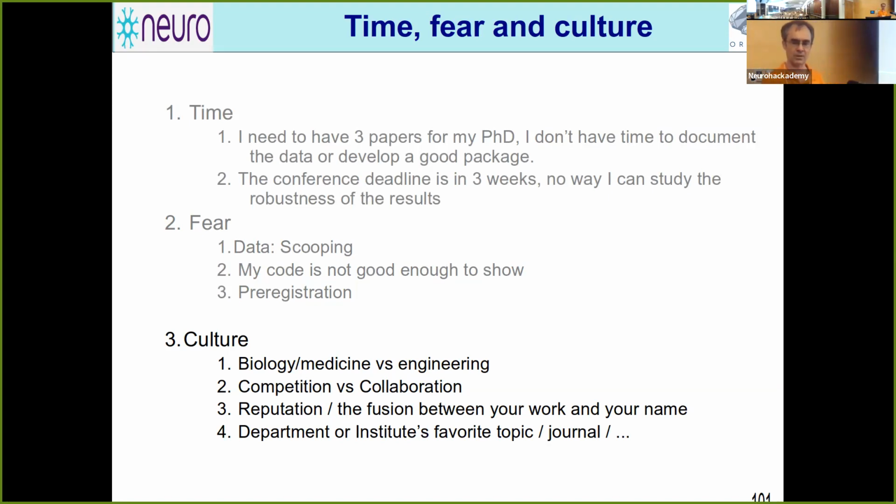But I think the engineering or technical culture is often, I would say, saner and better in terms of open science. There's a juggling between competition and collaboration in academia, but definitely there are places where collaboration is much more emphasized and competition less.